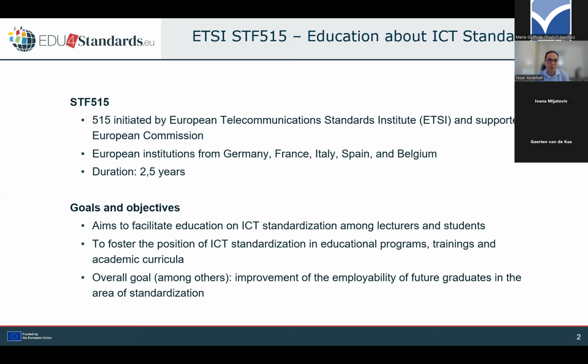What is better than providing a textbook with complementary materials to potential lecturers and professors, who can use it for the development of their own teaching and their own classes. The overall goal is also to improve the employability of future graduates in the area of standardization.